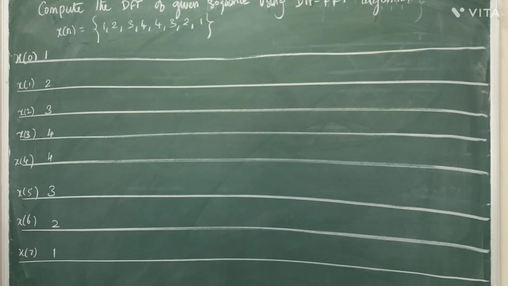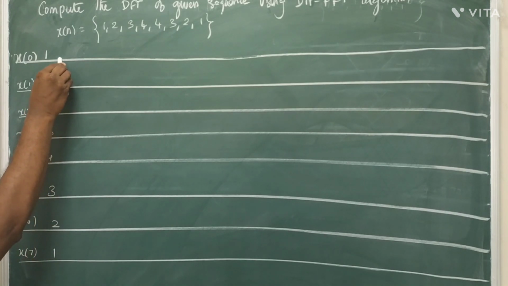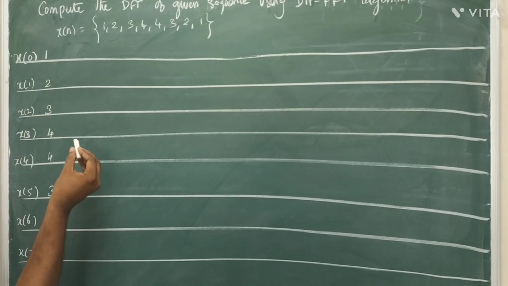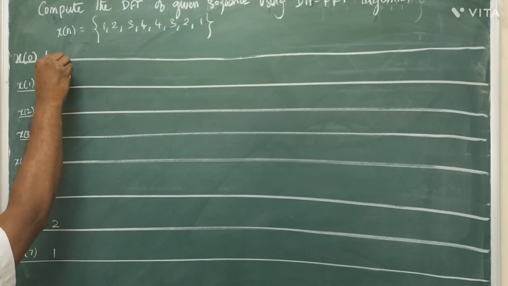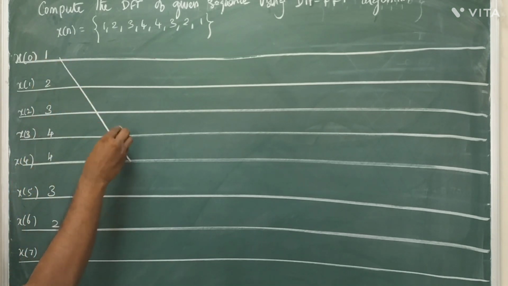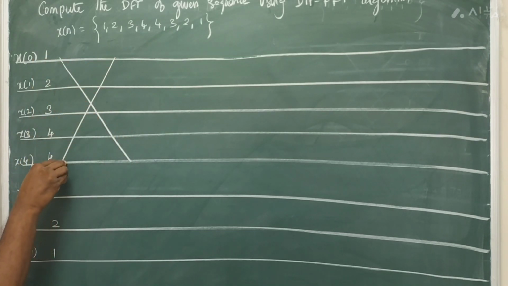In case of decimation in frequency, it is a reverse process of the DIT-FFT. In stage 1, that is one butterfly: one line should be from the first half and another line from the second half. It's a simple reverse process.